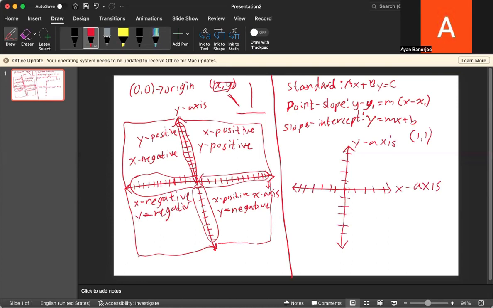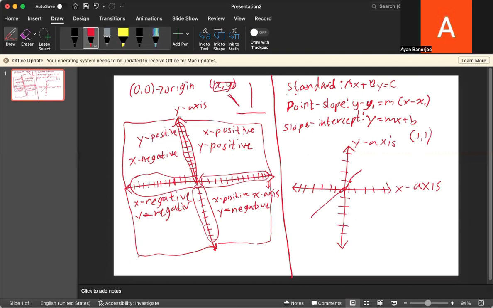We have x is 1 over here, but we need to go up so that y is 1, and that point would be right here. And if we wanted to make a line that goes through 1, 1 and the origin, which is 0, 0, it would go something like this. So now that we know how to graph a line, we're going to move on to the equations.